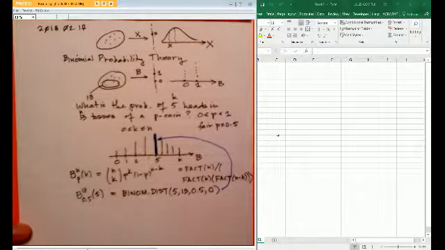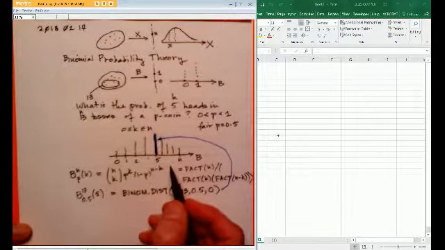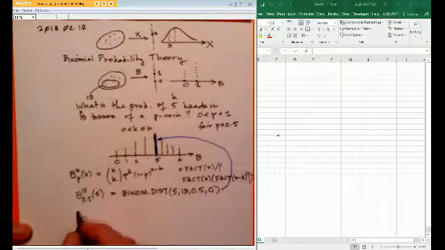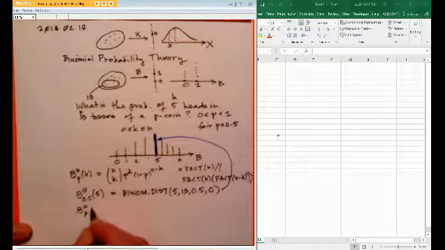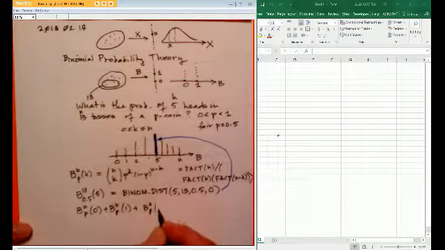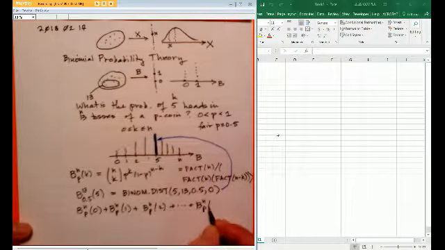Alternatively, one has a more general question where you want to know what is the probability of being either 0 or 1 or 2 or 3 or 4 or 5 heads. And that's called a cumulative probability. And in algebra notation, that would be B(N,P,0) plus B(N,P,1) plus B(N,P,2) and so forth up to B(N,P,5).